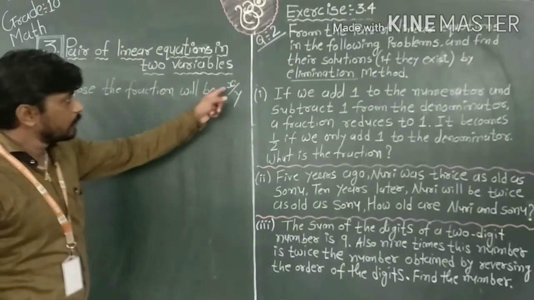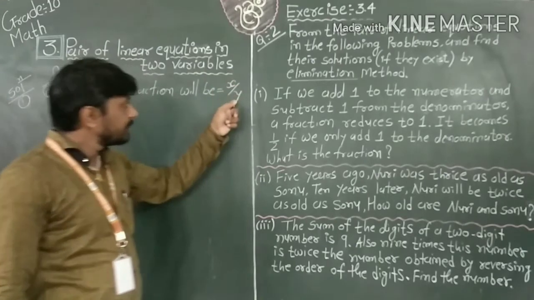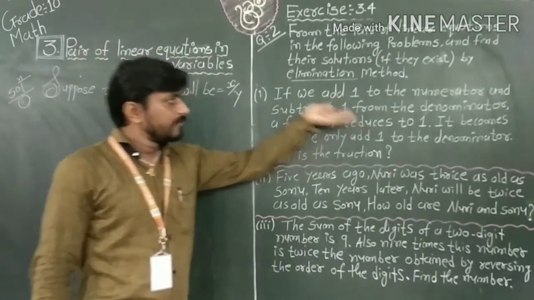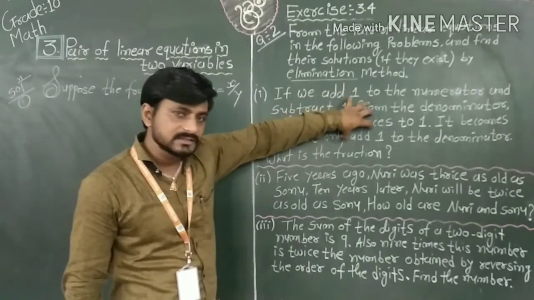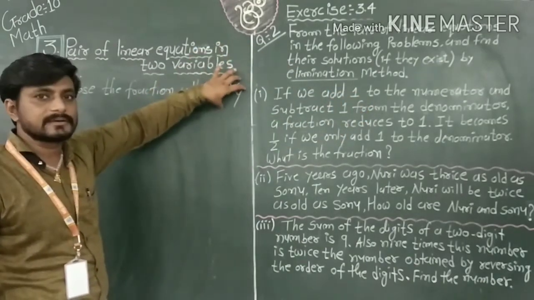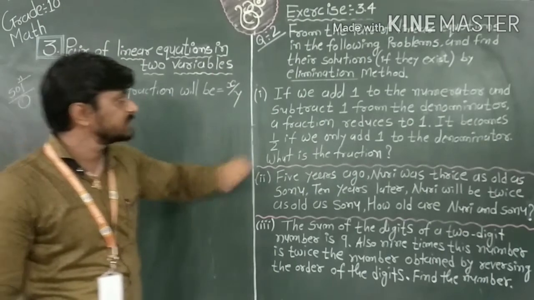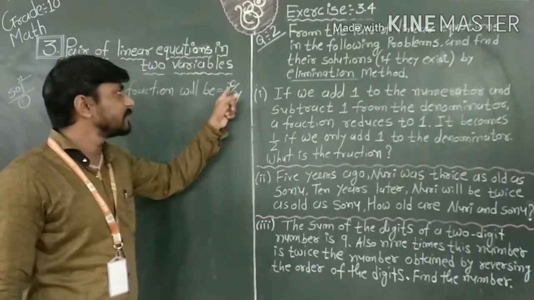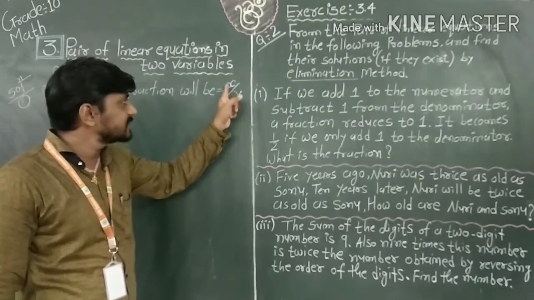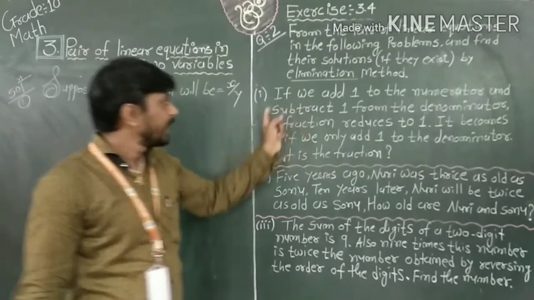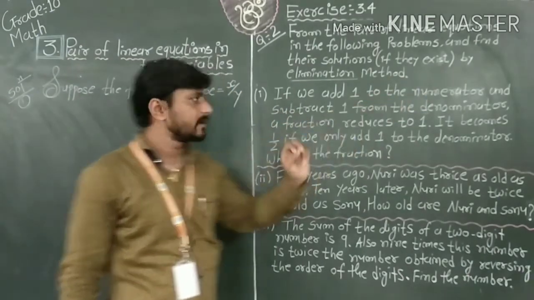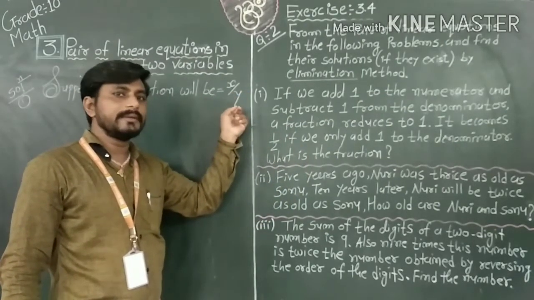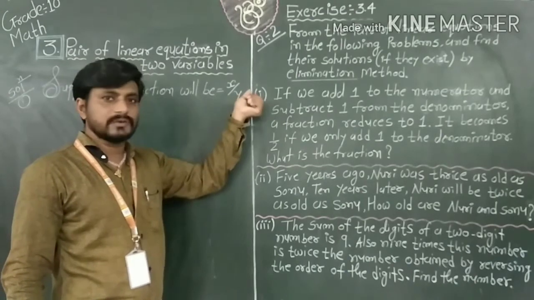Now x is the numerator and y is our denominator. Now we apply these conditions to this fraction. What is the first condition? We add 1 to the numerator, that means x plus 1, and subtract 1 from the denominator, that means y minus 1.